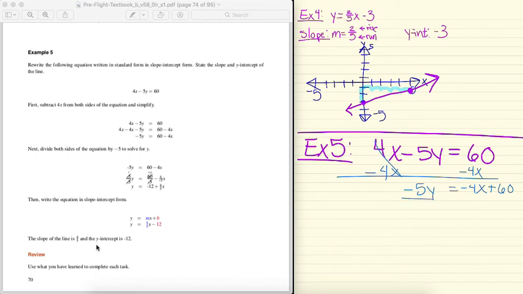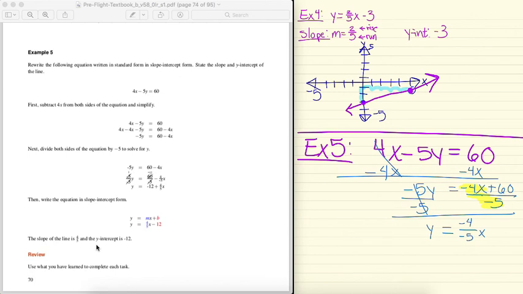Now the negative 5 is being multiplied by the y, so I need to divide everything by negative 5. What that looks like is when I do negative 4x over negative 5, when I divide those two pieces together, that's like doing negative 4 over negative 5, and then the x just being written behind it. So it's just dividing the numbers.